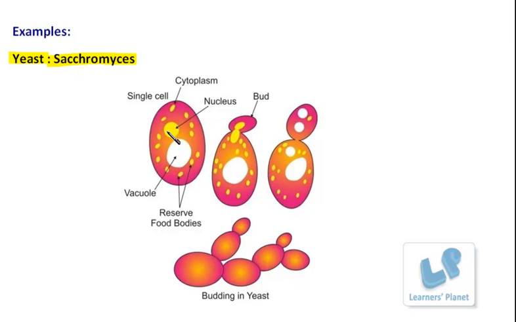This is a single mother cell, in which there is a prominent nucleus, the cytoplasm, a vacuole, and the reserve food bodies. Fine. And such organisms usually reproduce by an asexual method, which is known as budding. So through budding they form this outgrowth, and through this they can form the entire colony.